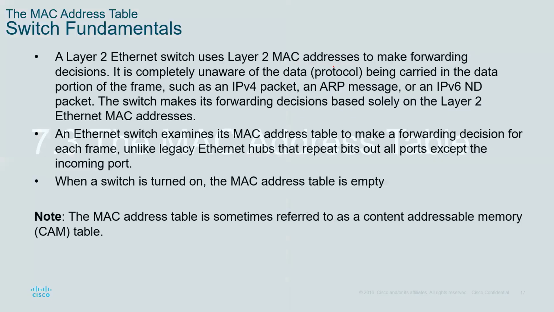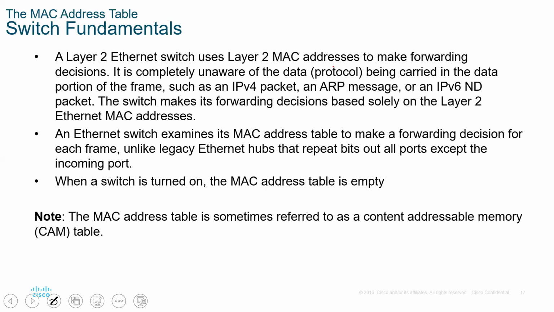Now, let's look at the MAC address table under switching fundamentals. So a layer 2 Ethernet switch uses a layer 2 MAC address to make forwarding decisions. It is completely unaware of the data or protocol being carried in the data portion of the frame, such as the IP version 4 packet, an Address Resolution Protocol message, or an IP version 6 neighbor discovery packet.